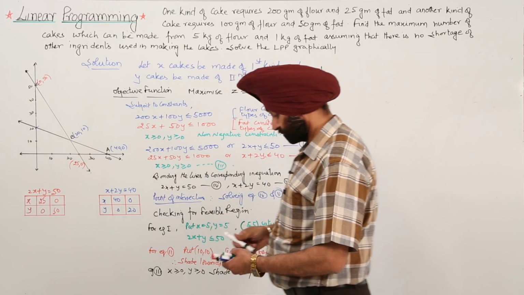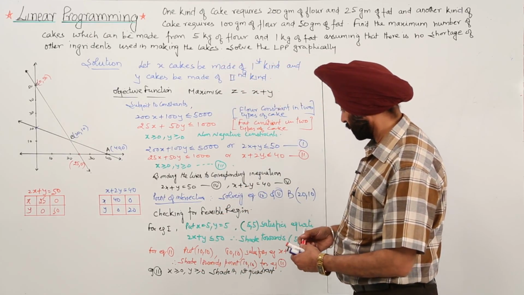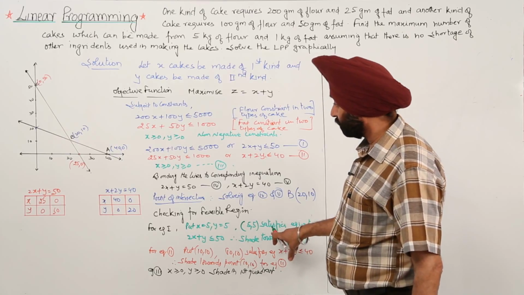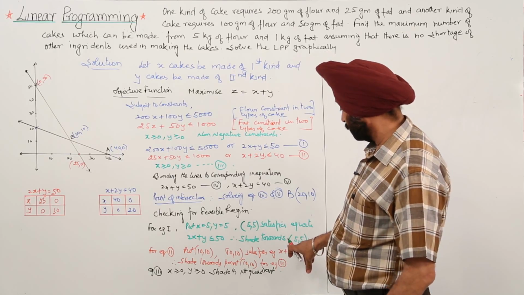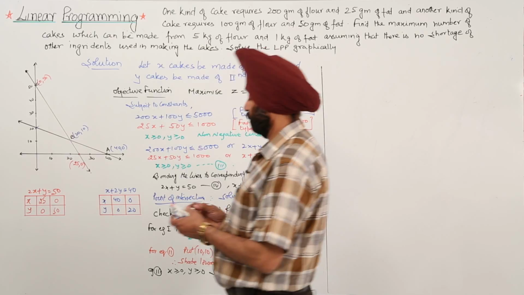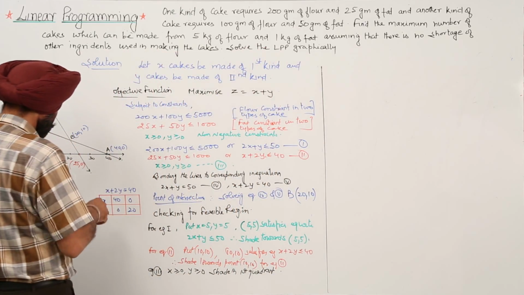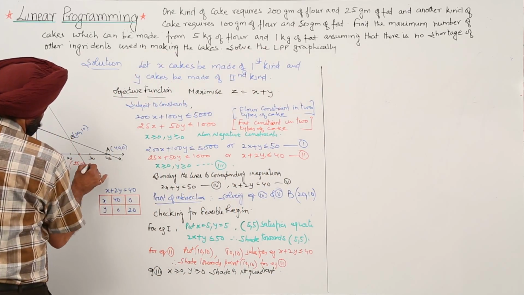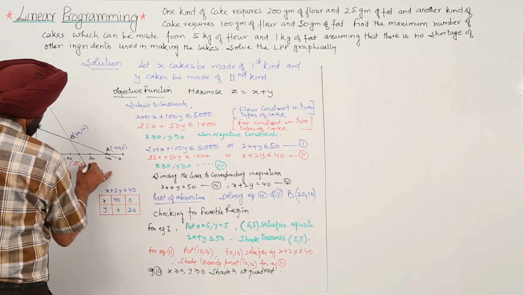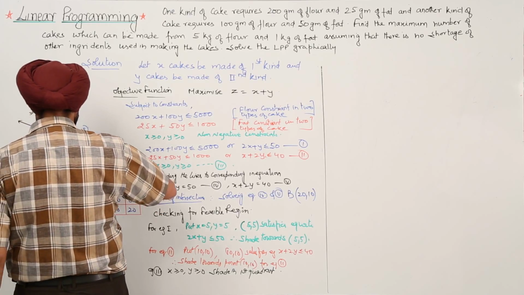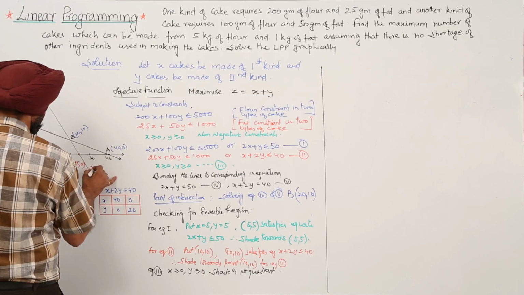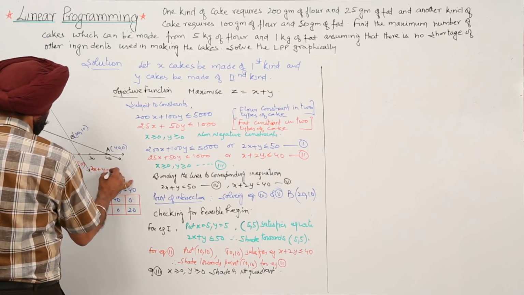Now 5 comma 5 for equation number 1. Equation 1 is 2x plus y is equal to 50.